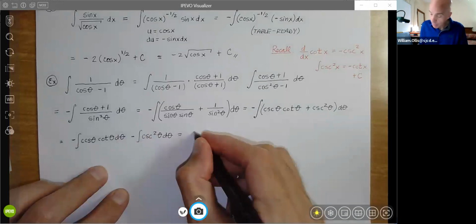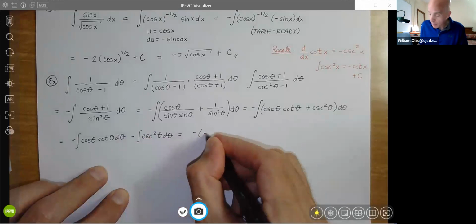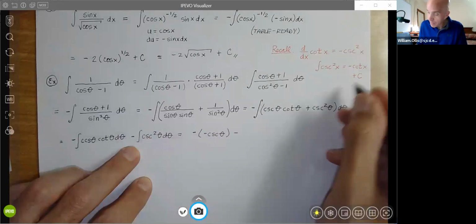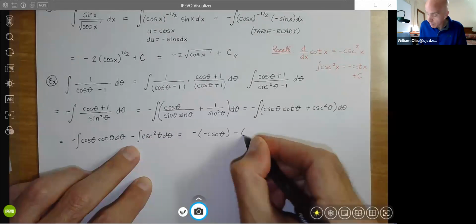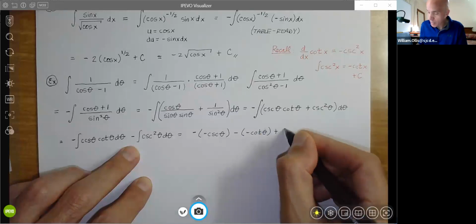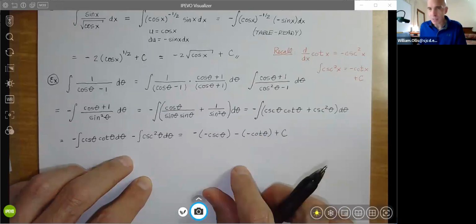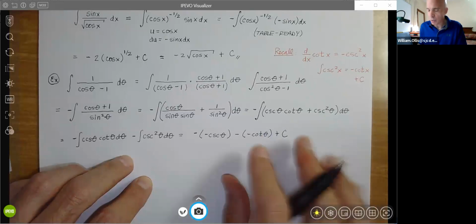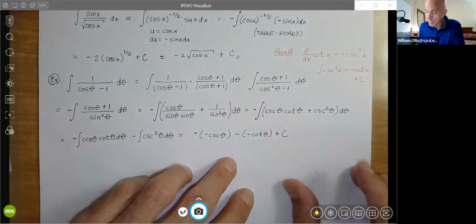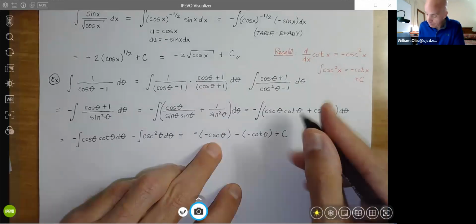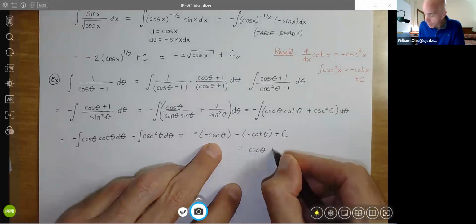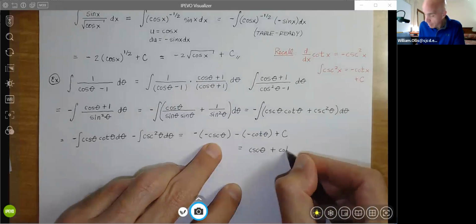So negative cosecant. And then we have the negative of the negative cotangent. And then we can add our arbitrary constant. We're not being sloppy by waiting to the end to add this. We just don't mix it up until we need it. And then of course, these negatives absorb and we get cosecant theta plus cotangent theta plus a constant.